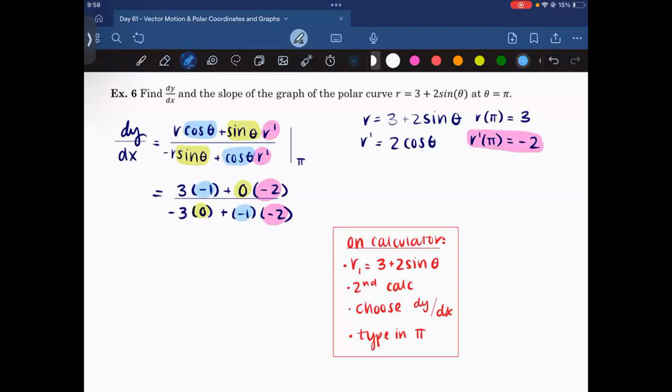The 3 and negative 3 are from this 3 right here, and it's only negative because we have the negative out front when we took the derivative of our cosine. So when we simplify all of this, we get a lot of zeros. We love zeros. Negative 3 over 2 equals our slope.